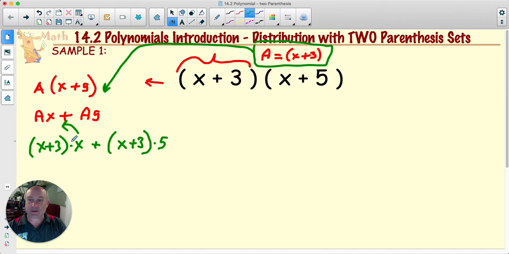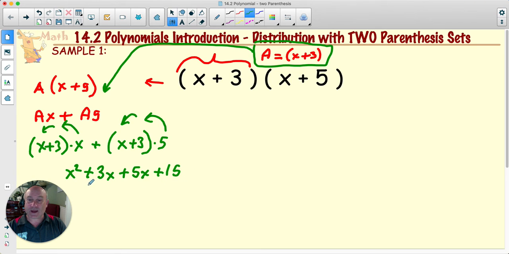We're timesing on both items. Okay, so x times x, as we saw before, is x squared. X times 3 is positive 3x. Then we do this set. We do 5 times x and 5 times 3.